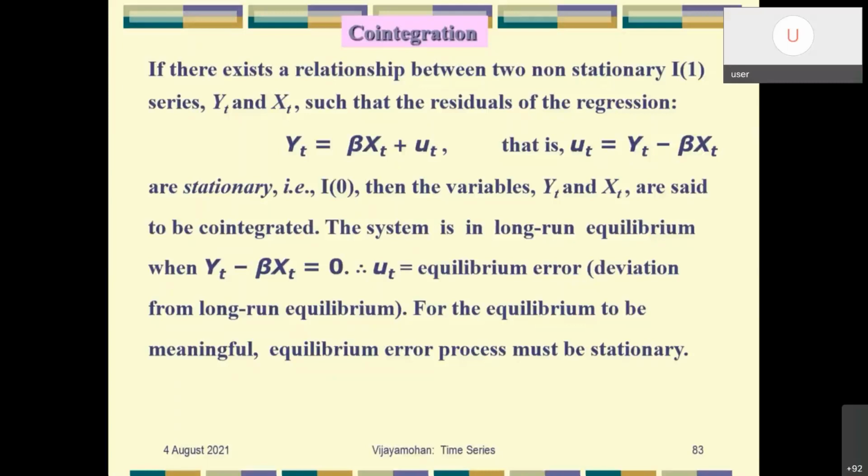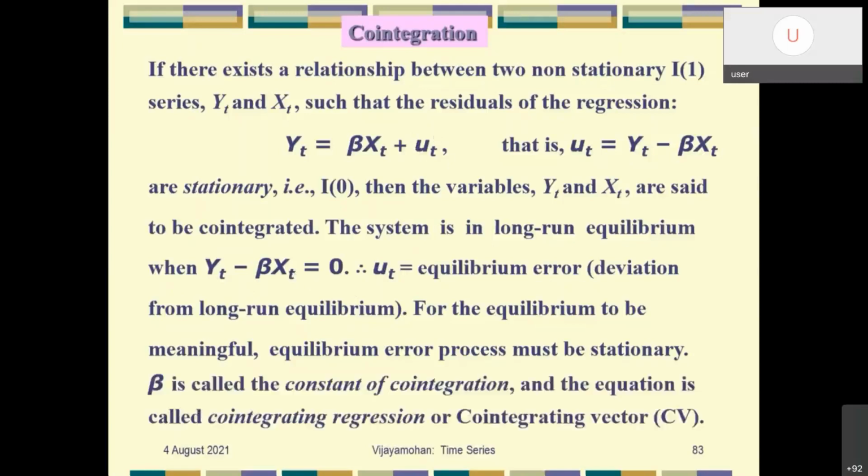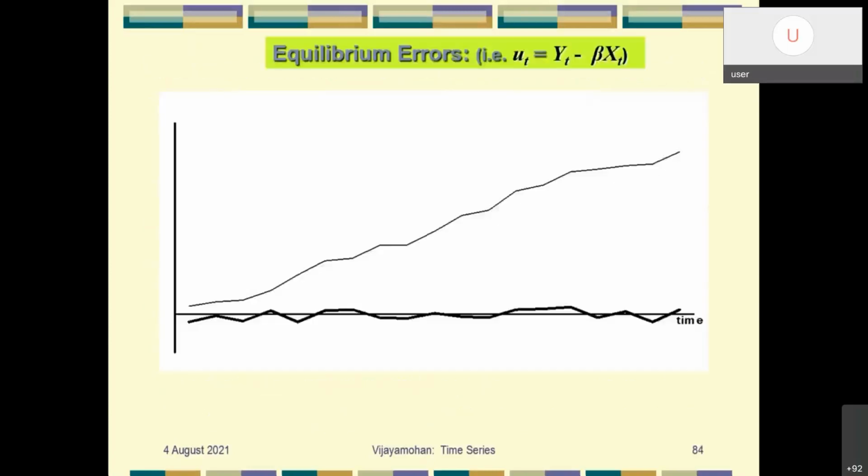So the system will be in the long run, so that in the long run, the average value of ut will be 0, so that yt will be equal to beta xt. We have the long run equilibrium. Okay, now, so here we have the equilibrium error.